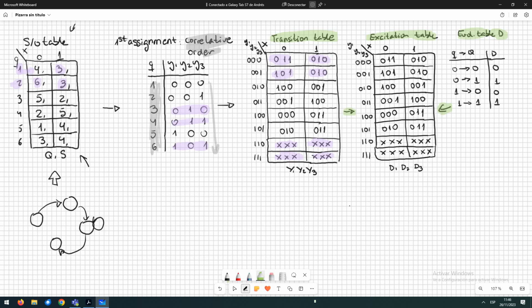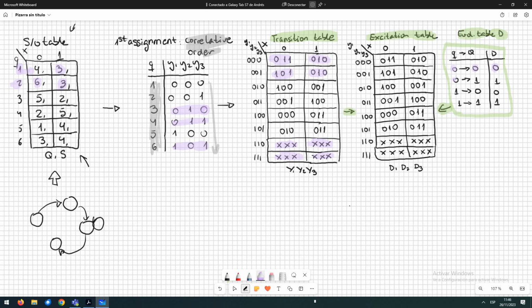In this exercise, we can suppose that we have been told that the memory element that we have to use compulsorily is the bistable D. So we have here the evolution table of the bistable D. I told you that the bistable D was the simplest one, because if we look at the evolution table, if we have a 0 and the next state is 0, the input of the bistable is going to be 0.